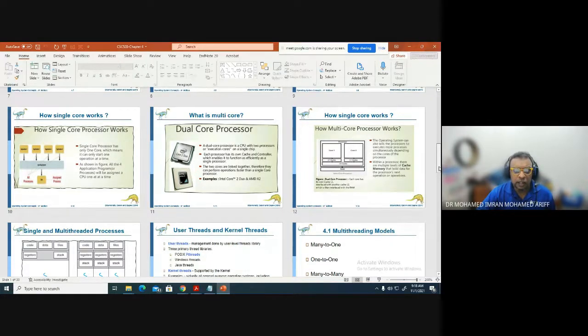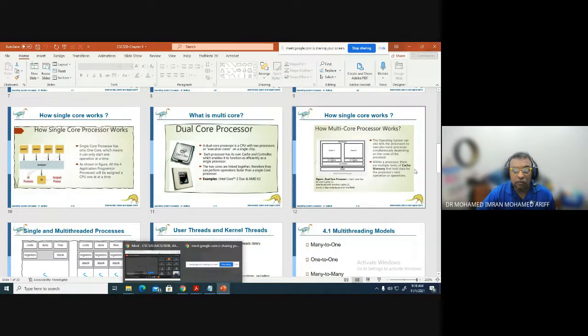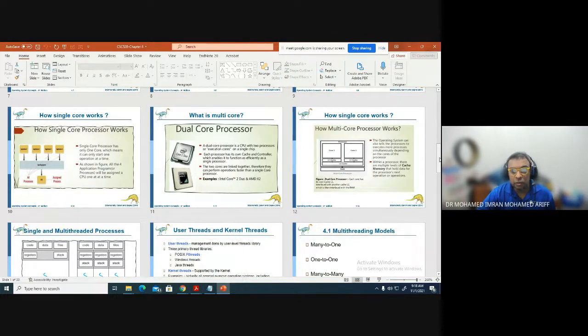A core is a hardware inside the personal computer. However, the job of the operating system is to push any process which needs to be executed inside the processor. Inside the processor there is a core which handles all the processes. So when you're talking about single core, that means there's only one process running at one point of time. But when you talk about dual core, that means there are two brains working inside one processor.